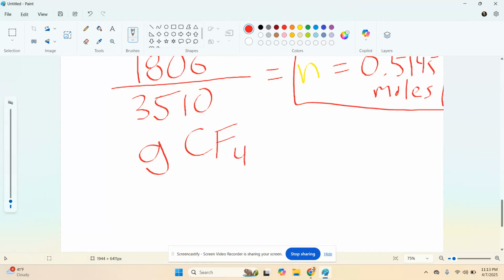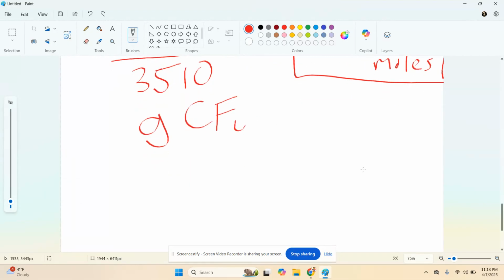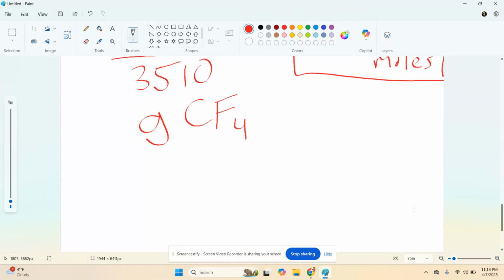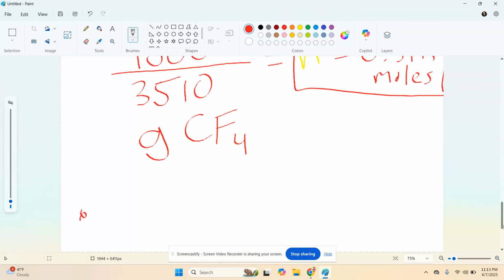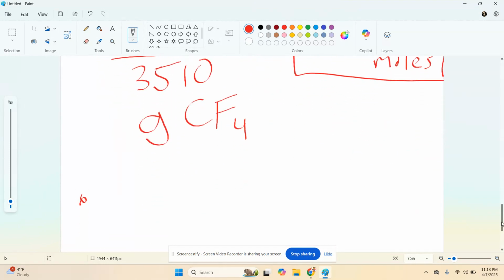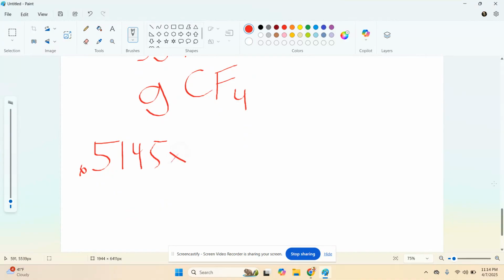So to get grams, we have to take the number of moles, 0.5145, and multiply it by the molar mass of carbon tetrafluoride. I'm going to Google CF4 molar mass, and I get 88.00.